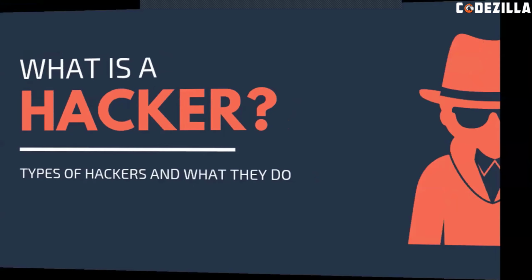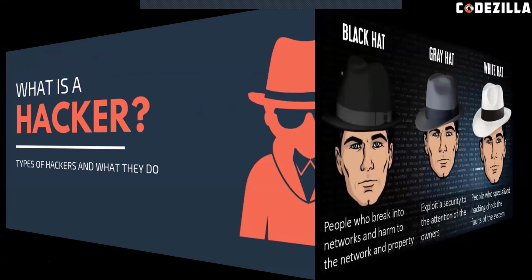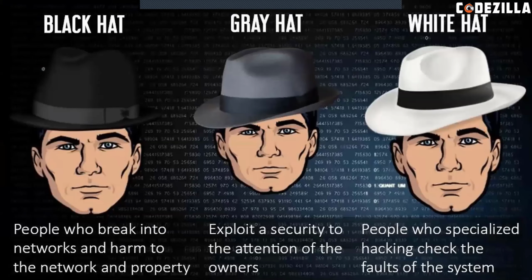In the next slide, let us see what the different types of hackers are. Based on their intent, hackers are mainly classified into three types, and those are black hat hacker, white hat hacker, and gray hat hacker. Black hat hackers use their knowledge and skills for their own personal gains. They gain unauthorized access to systems or accounts, while white hat hackers are those individuals professing hacker skills and using them for defensive purposes.